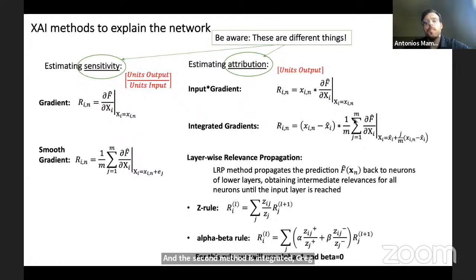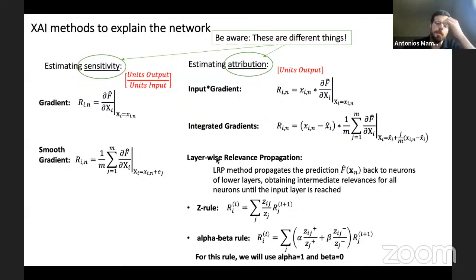This is a pretty similar method to input times gradient, with the difference that here we estimate the gradient over many different points, again to get a more robust picture of the gradient. These different points are located along the line between the input and the reference point. This reference point can be the zero vector or a gray image, for example.